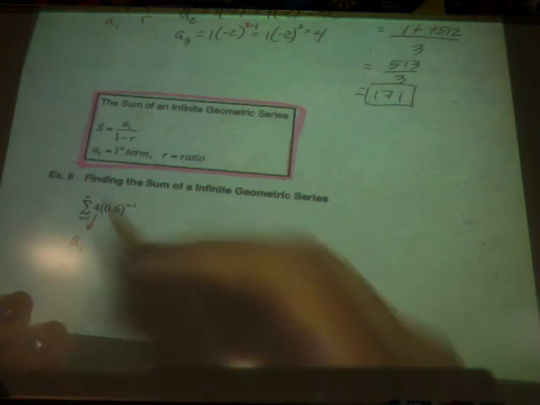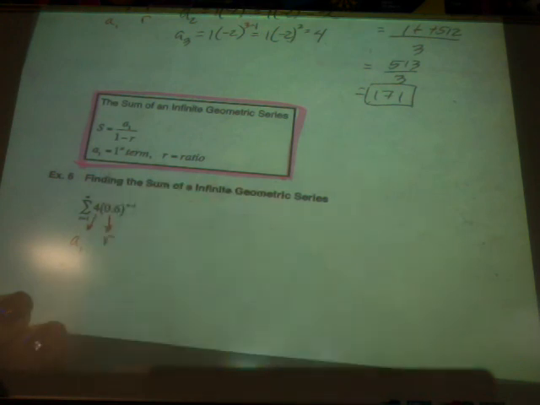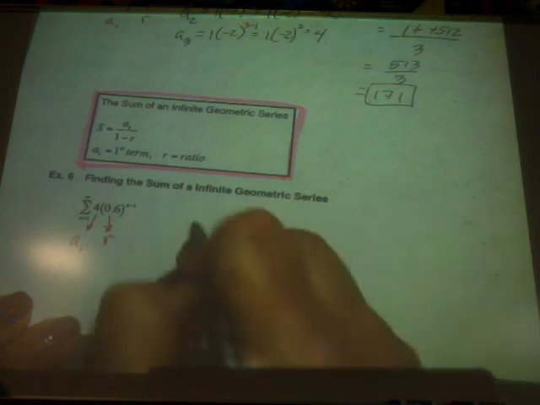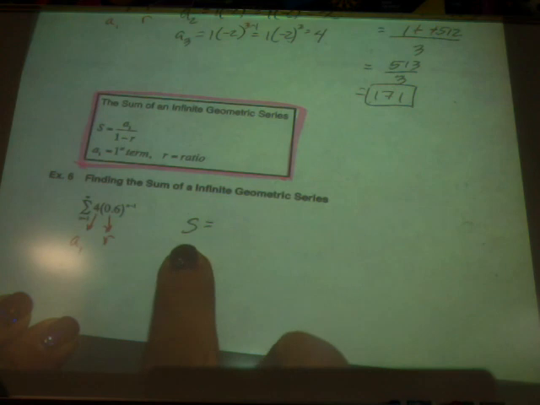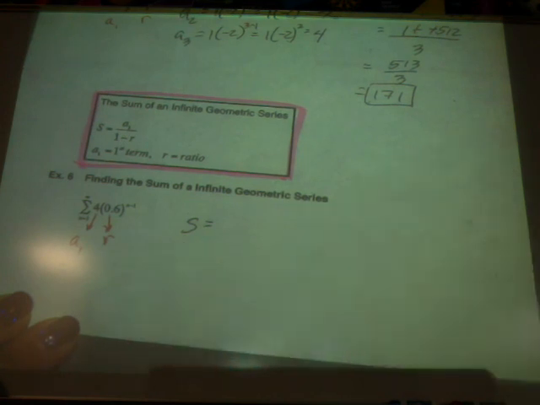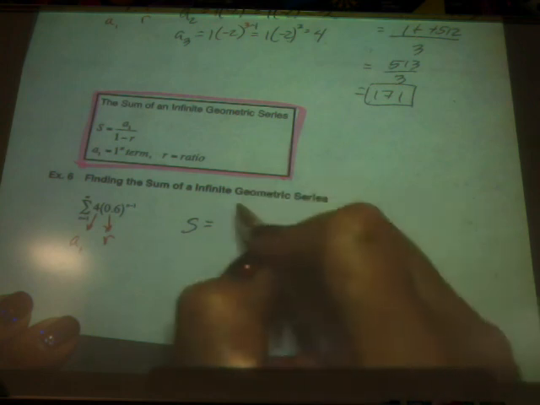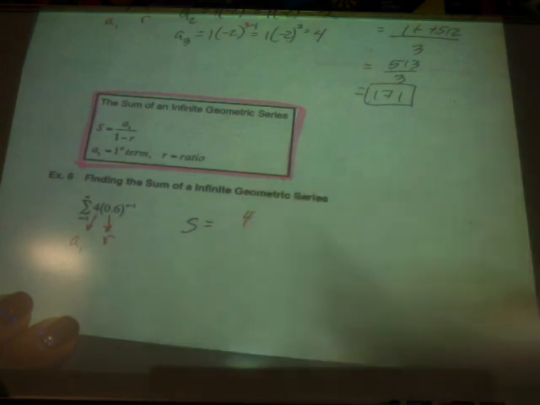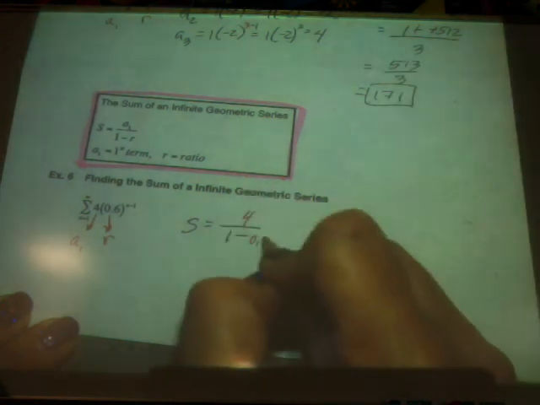Then what's r? So that's our r, right? So let's find the sum. And notice that I don't have any n sub here because we don't know how many terms are in that sequence. So the sum is a sub 1, which is 4, divided by 1 minus my r, which this time is positive 0.6.